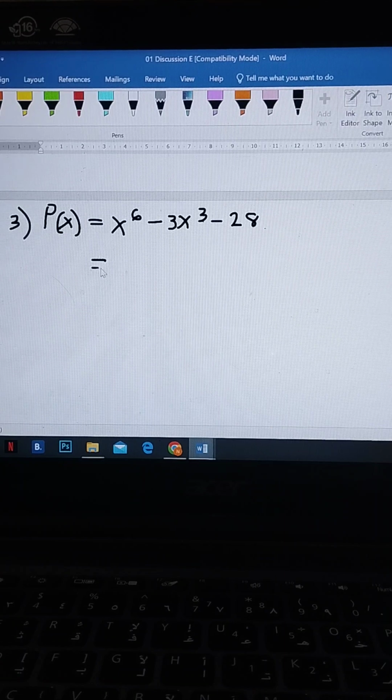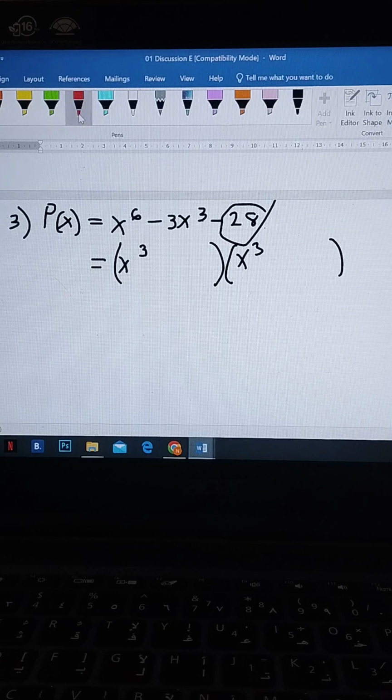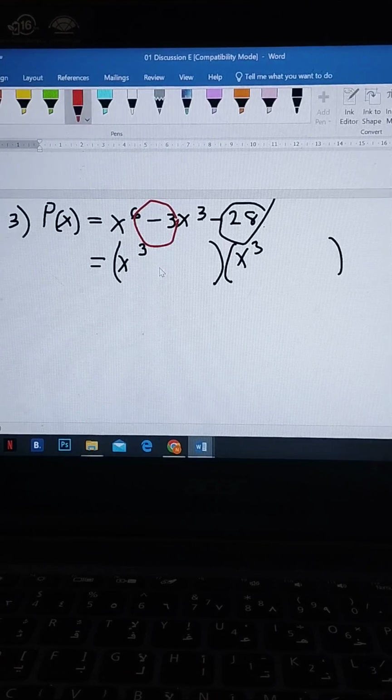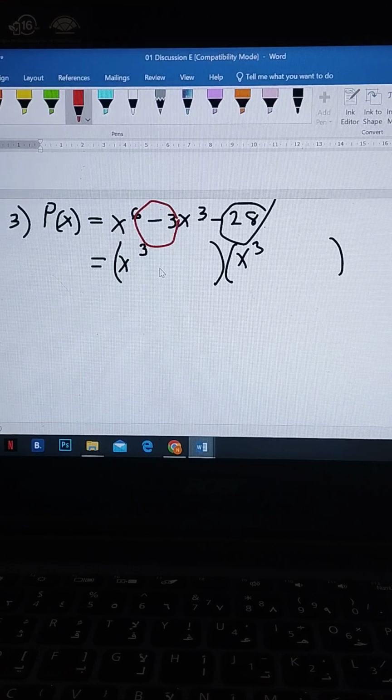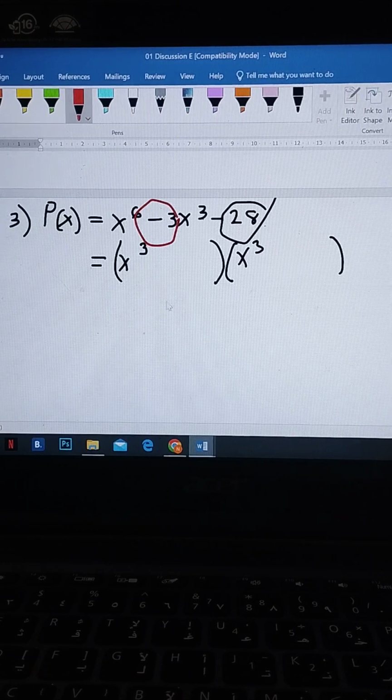So we simply factor this as x cubed times x cubed. What are the factors of negative 28 so that when added, the sum is negative 3? That is negative 7 and positive 4.